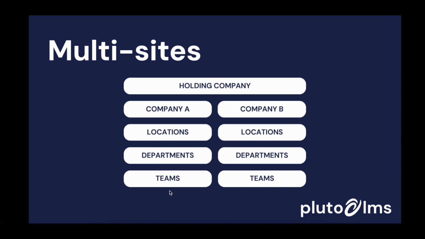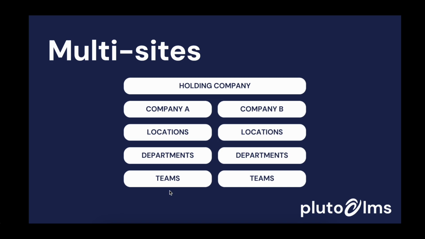For example, privacy training, or cybersecurity training, you can share those courses across the different Pluto LMS sites. Now, why this is useful, you can use tools like Pluto Insights to report across different sites for each company, because they've got separate user lists, separate completions, which makes it really tidy for the stakeholders of the holding company to see what's happening across organizations.